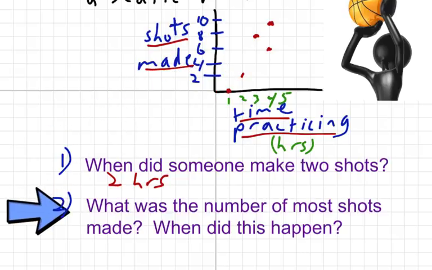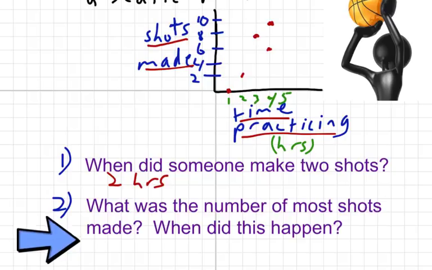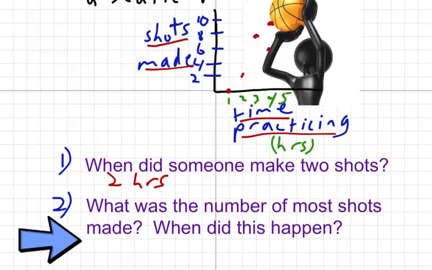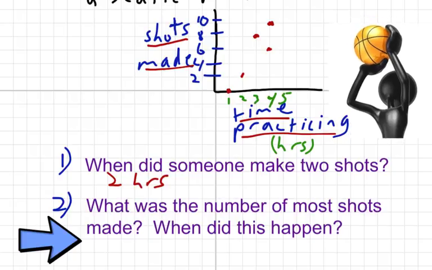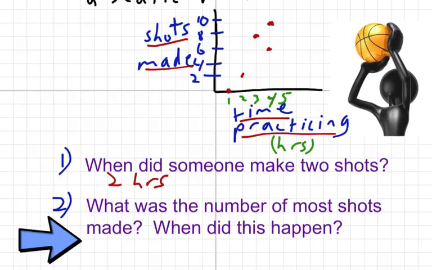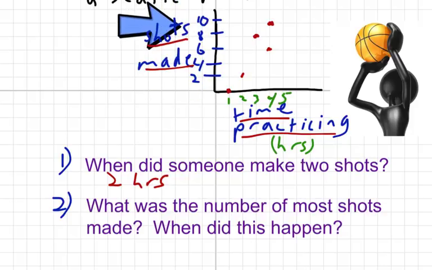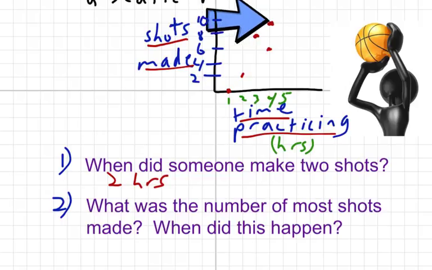All right, another question for you. Copy down number 2. What was the number of most shots made, and when did this happen? So the number of most shots made. In other words, what's our maximum y value that we got? Because that's shots made. And look up here, right there at 10, that's our maximum.